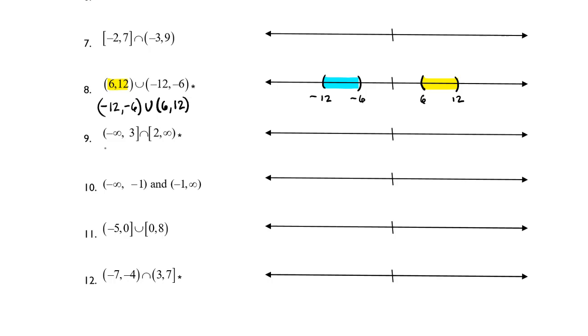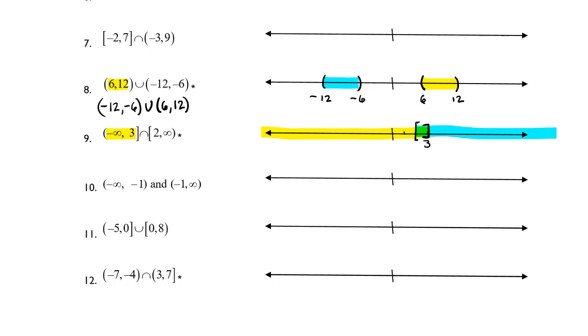And then we have this one here, negative infinity to 3. Let's go ahead and graph that. We're including the endpoint at 3. And we also have 2 to infinity, also including 2 to infinity.